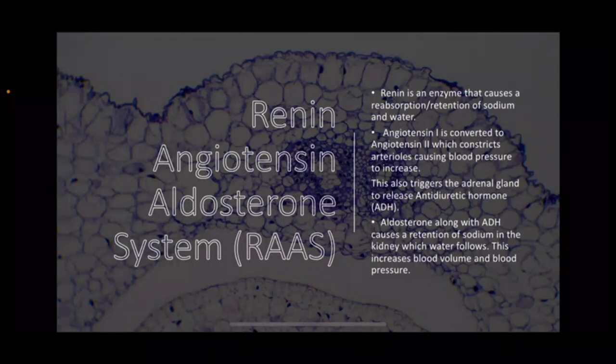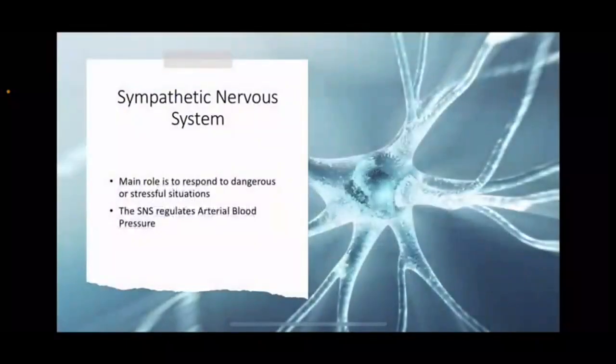This also triggers the adrenal gland to release aldosterone. Aldosterone, along with ADH, causes retention of sodium in the kidney, which water follows. This increases blood volume and blood pressure.